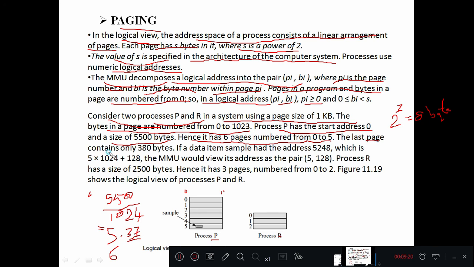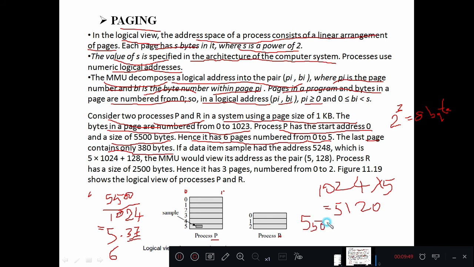The last page contains only 380 bytes. Why 380 bytes? Multiply 1024 into 5, which comes to 5120.